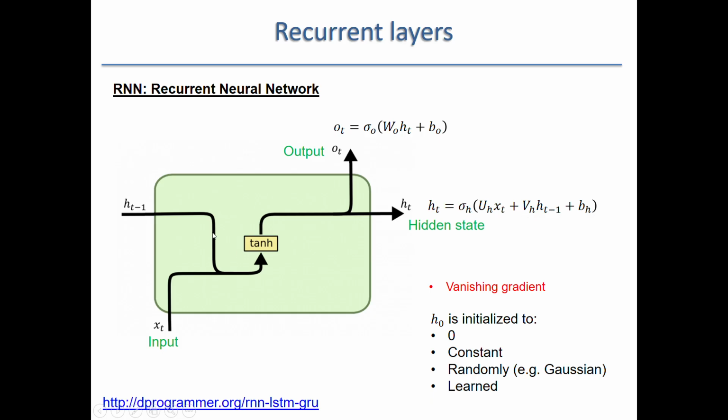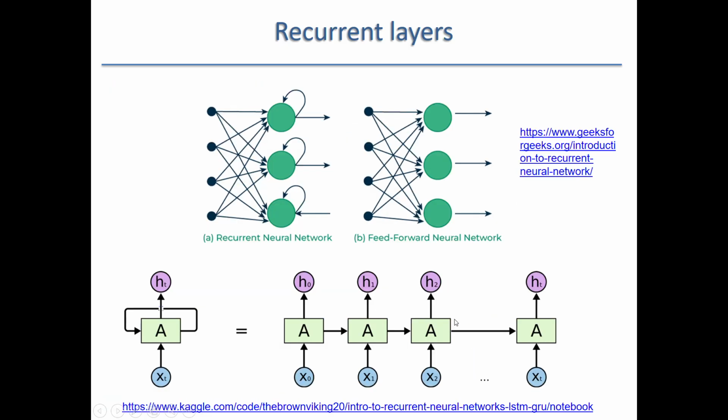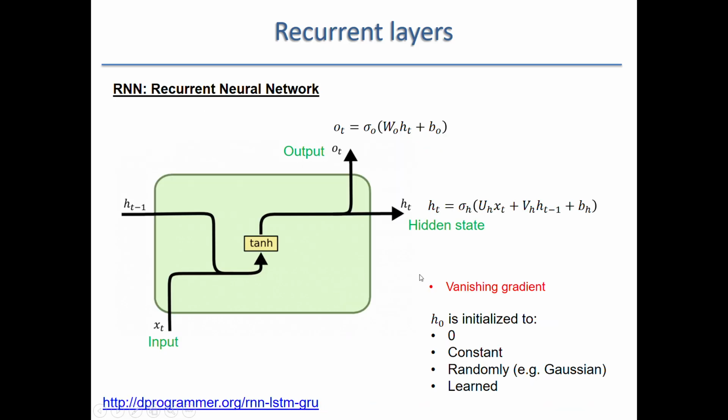The problem with this network is that it has a vanishing gradient. As you get further and further in this progression, the output has very little chance of propagating the error back to the first layers. So this vanishing gradient was a problem for learning.